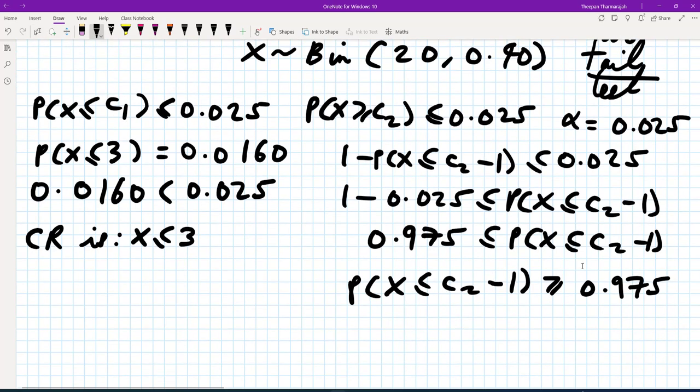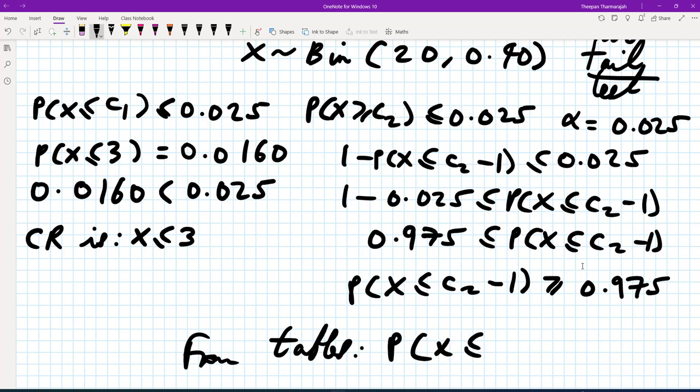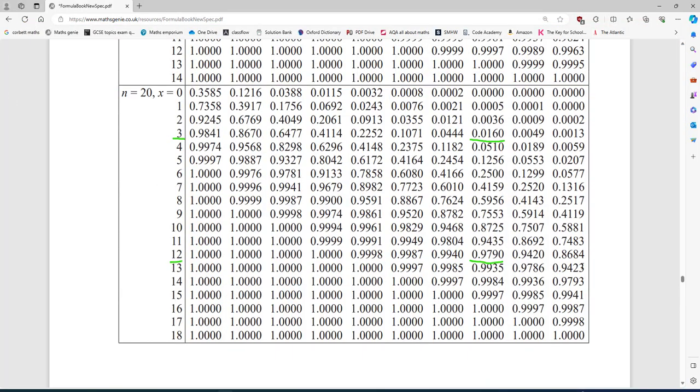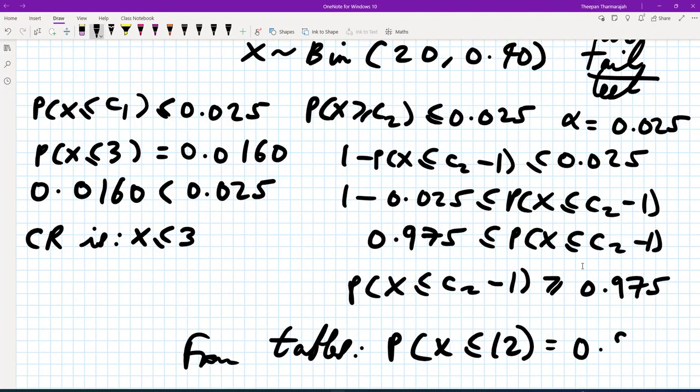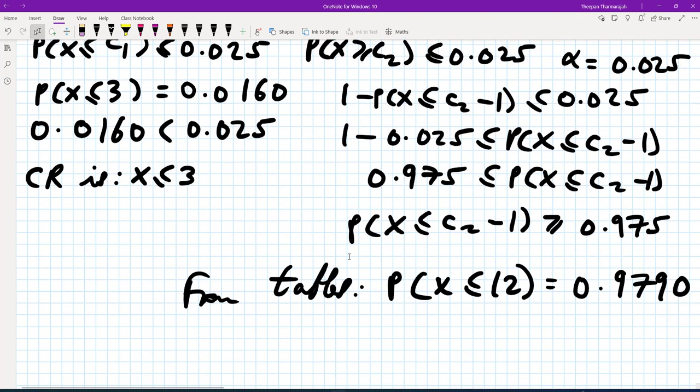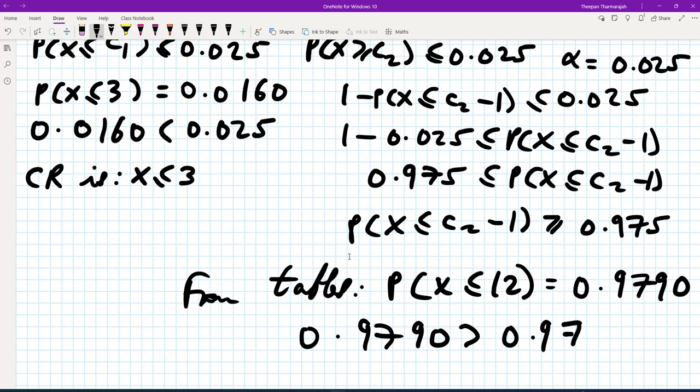So from tables, the probability that X is less than or equal to 12 gives me a corresponding value of 0.9790. Now 0.9790 is strictly greater than 0.975.